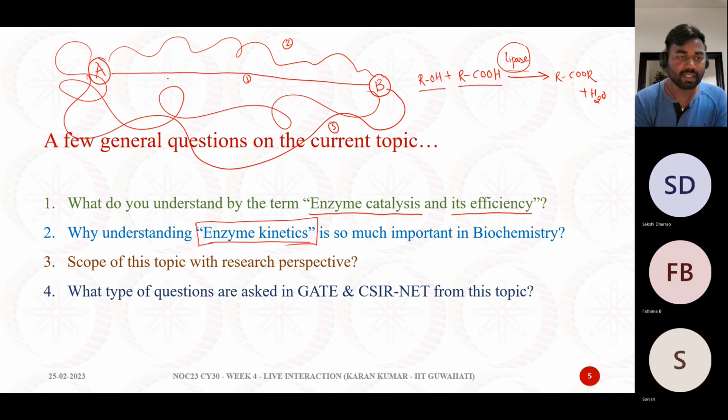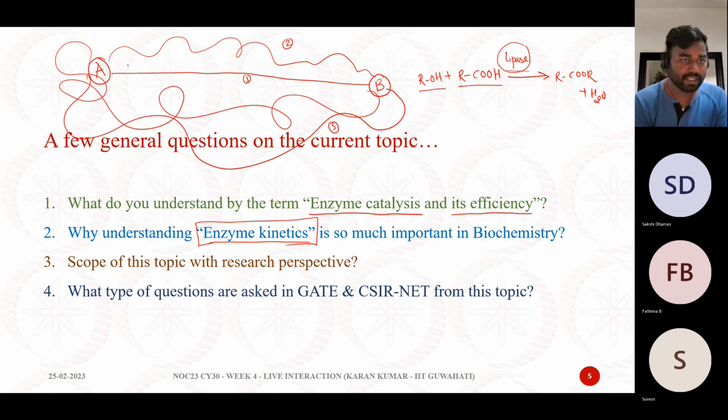No, right? It is only guiding you from A to B. That is what lipase or enzymes also do. They don't get consumed during the reaction. They might be modified in between, but at the end of the reaction, they will be recovered completely. Okay.